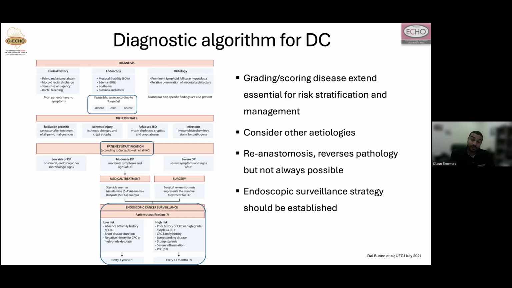Where reanastomosis is not possible, your patients should be further risk stratified, because that diverted segment carries an independent risk for the development of colorectal cancer. If the individual has a low risk for colorectal cancer, then screening can be delayed up to 3 years. But if it's a high risk patient, then you should provide screening of that diverted segment at least every 12 months due to the colorectal cancer risk that the diverted segment carries.